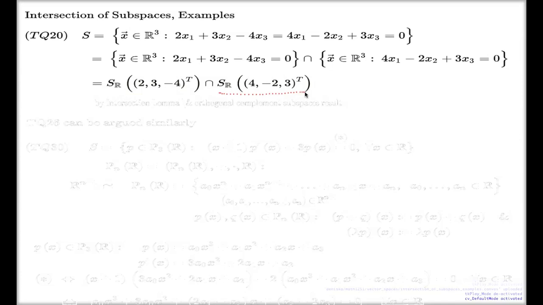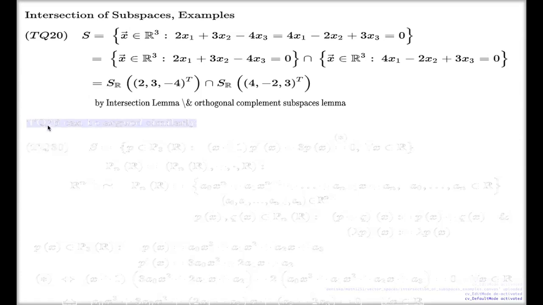This set is a subspace because of the orthogonal complement lemma from 2 slides ago, and the intersection is a subspace because of the intersection of subspaces lemma from the previous slide. That's why the whole S is a subspace, as simple as this. By the intersection lemma and orthogonal complement lemma, the question is done.